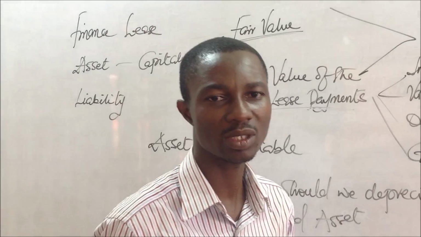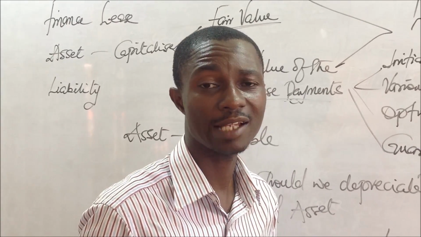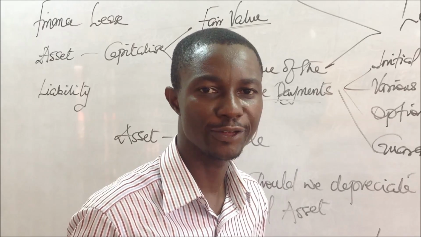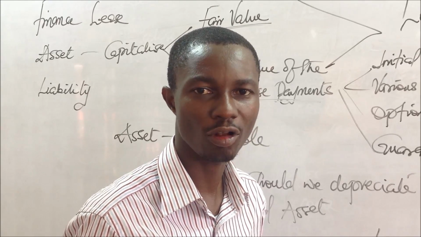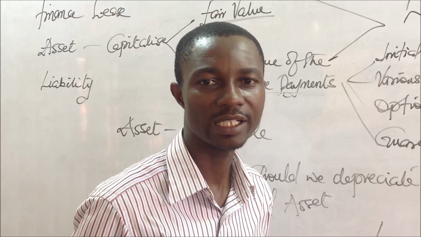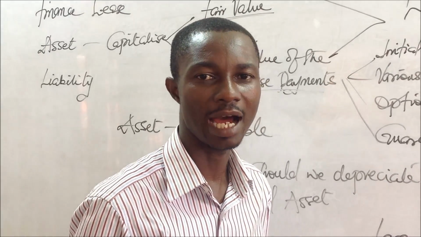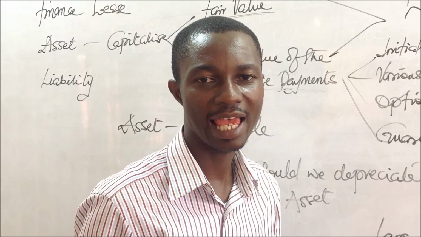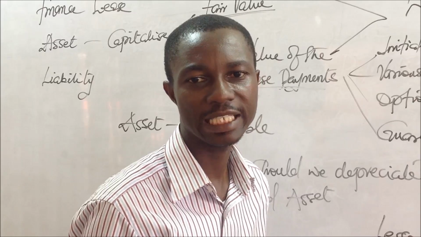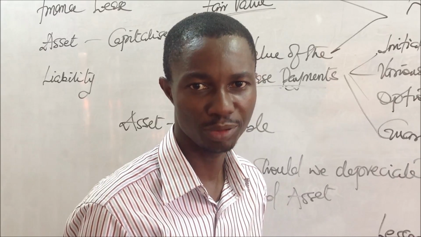Now, this is very important because if eventually the asset is not going to be owned by the lessee, then there is no reason why you should use the useful life, assuming it is longer than the lease term. So if you have a useful life of 5 years and you just lease the asset for 4 years, it means that at the end of the 4th year, the lessor is going to take back his asset. So in the 5th year, you wouldn't have any asset to depreciate.